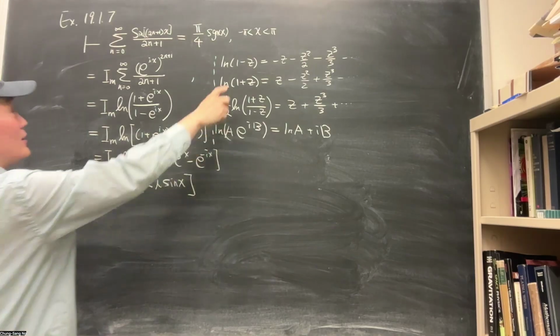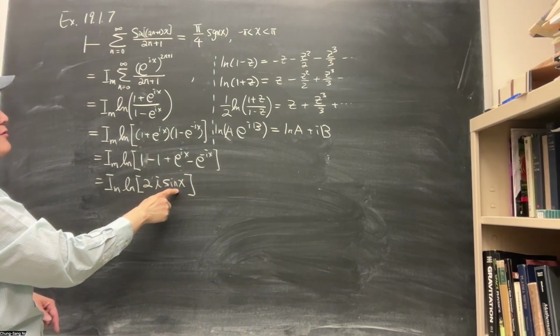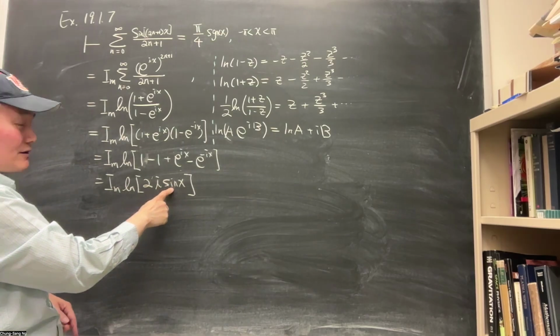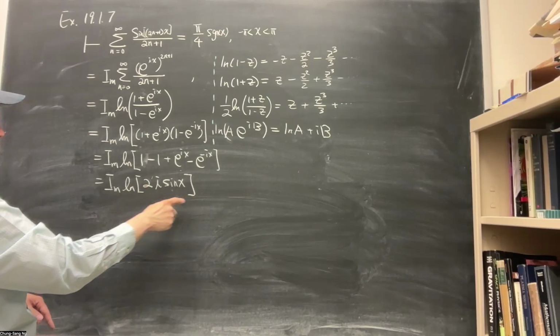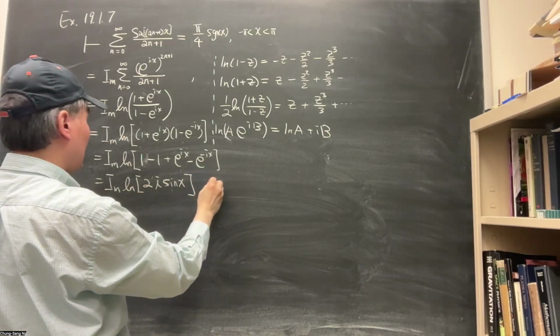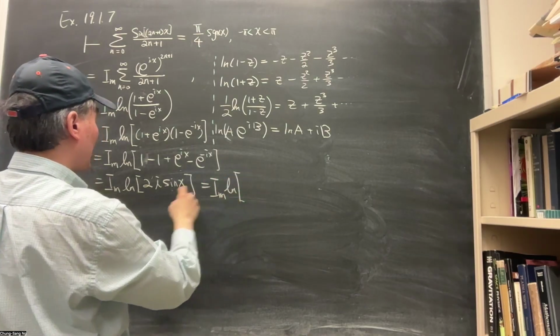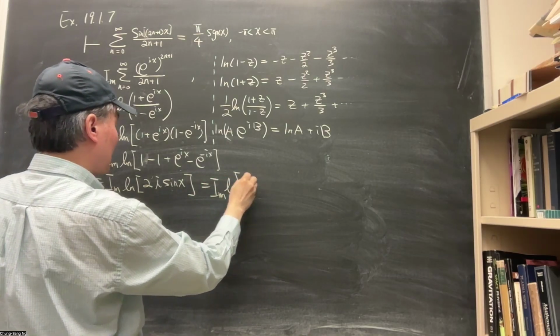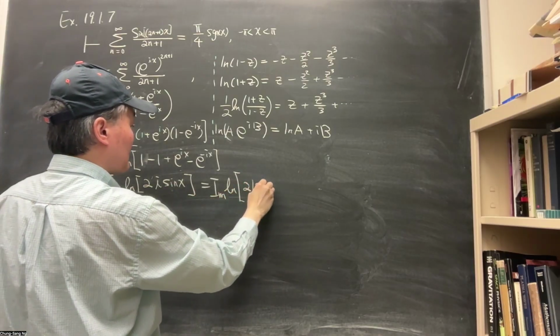And within this domain, x can be positive or negative. Sine x is positive when x is positive. Sine x is negative when x is negative. When you write it in polar form, this is the imaginary part of the log. So the magnitude obviously is just the magnitude of sine x.